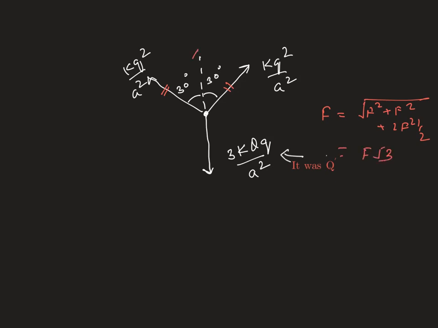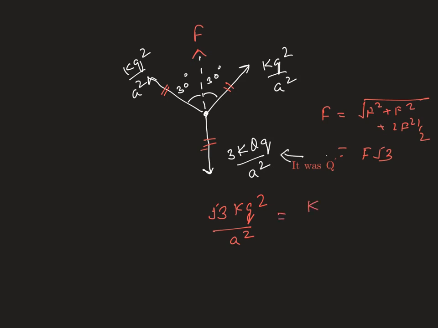So the resultant force of the two charges at B and C will be root 3 KQ squared upon a squared, and that force must equal this force for equilibrium to happen.